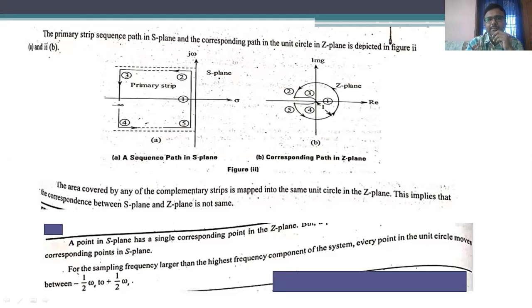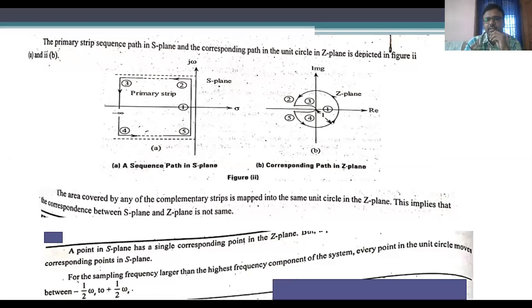The S plane and the z plane are not the same.